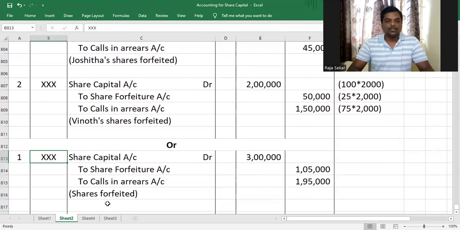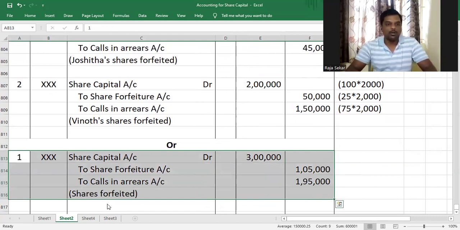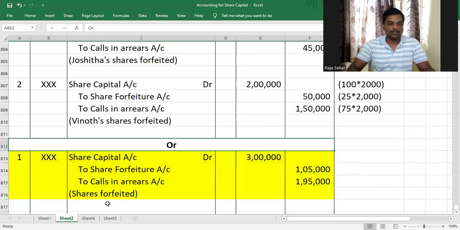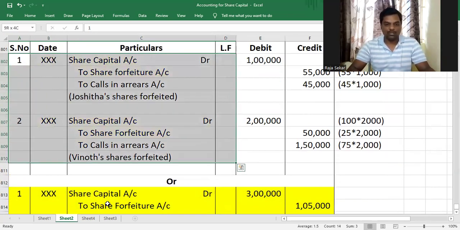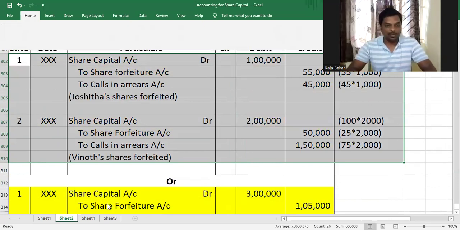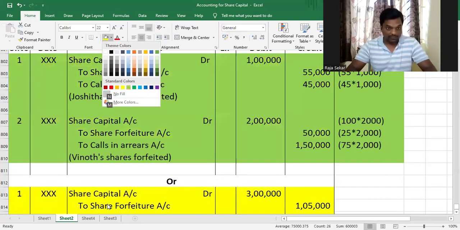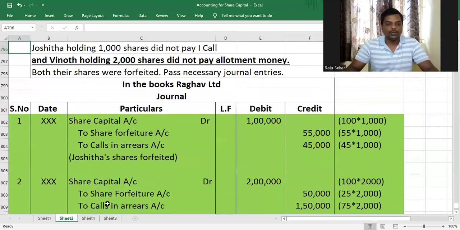All right. So you only have to do one of these two things. Either you can pass one full journal entry or you can pass separate journal entries for forfeiture for both the shareholders. I always strongly recommend that you pass separate entries because that avoids a lot of complication if you have to take the questions forward further, like reissue and all.